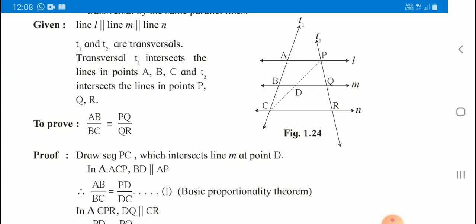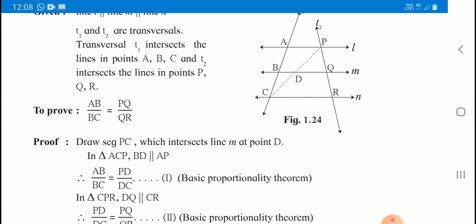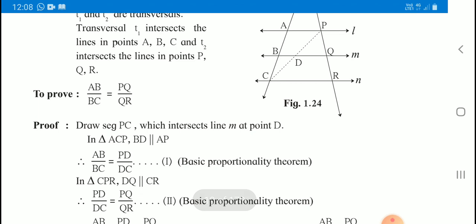For that, we did one construction, that is, join the points P and C, which intersects line M at point D. So the proof is: draw segment PC which intersects line M at point D. Now we'll consider the triangle ACP.